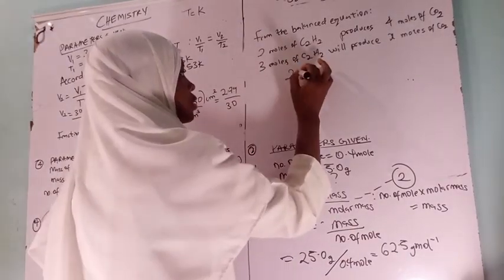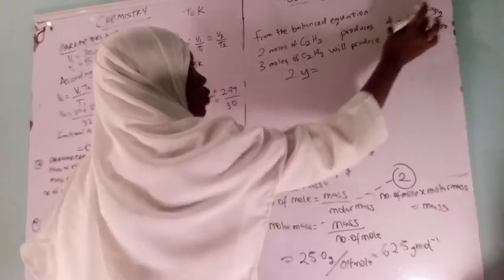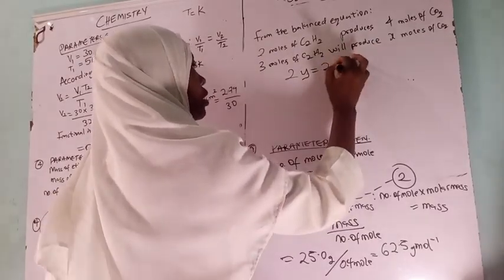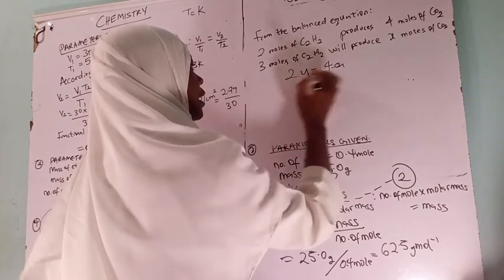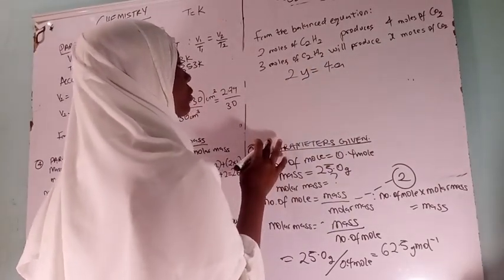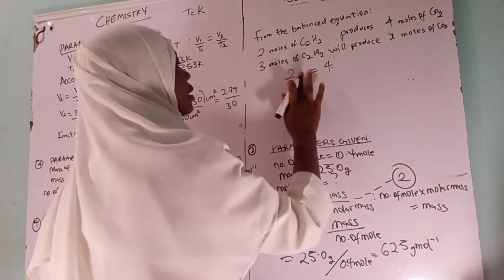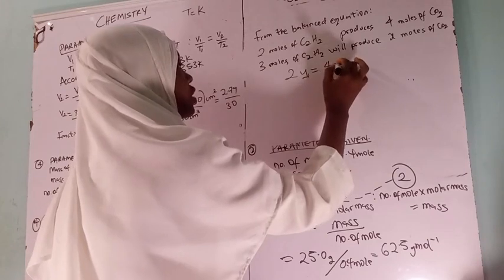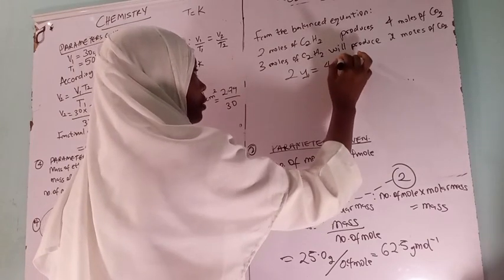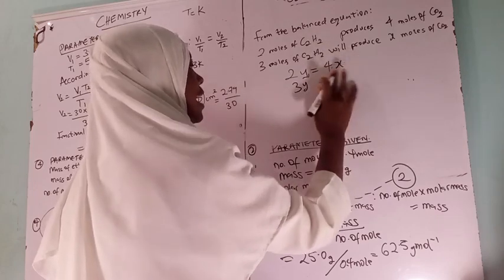Let's assume it is Y, and let's assume this one is X. 2Y equals 4X, and 3Y equals 4X.